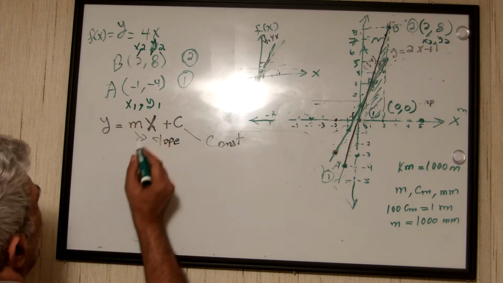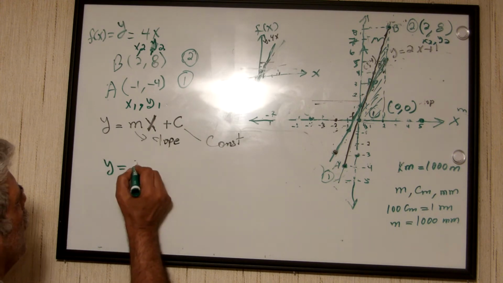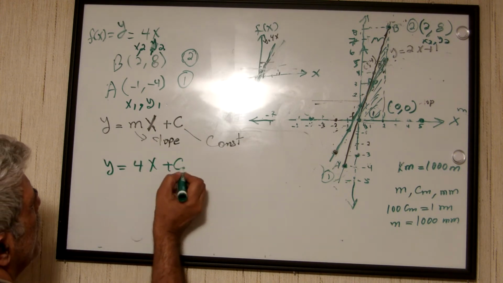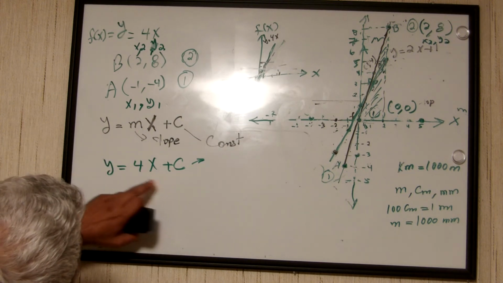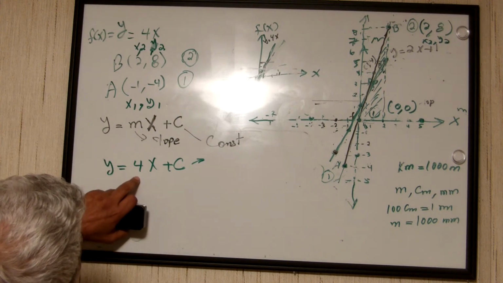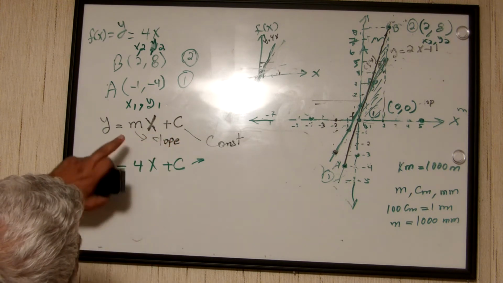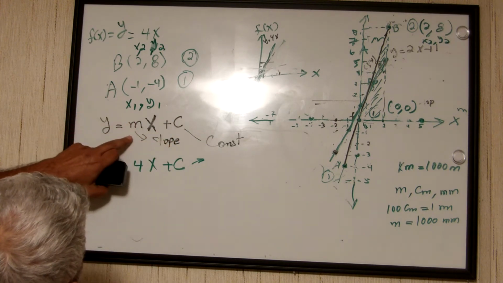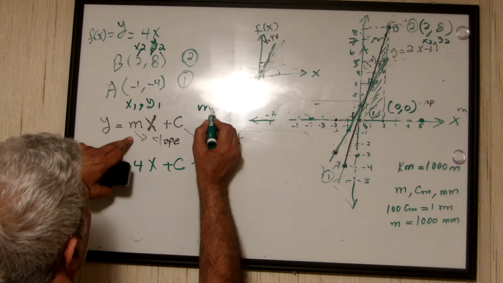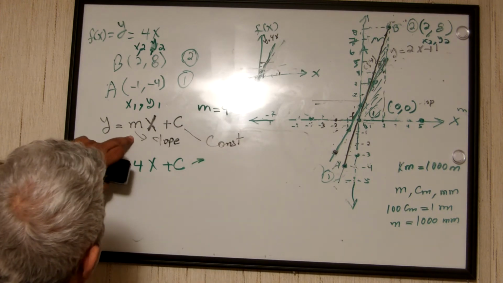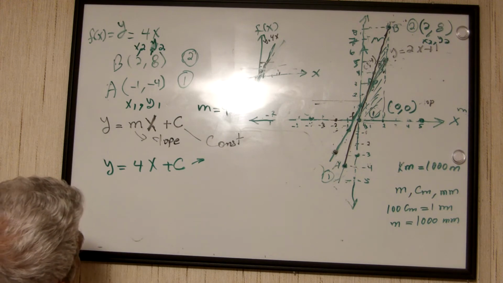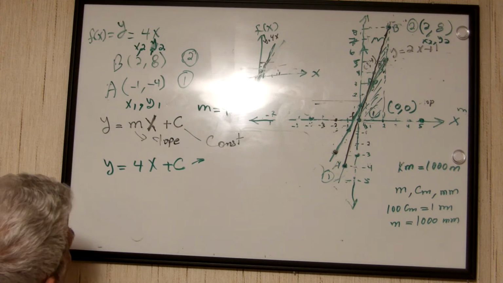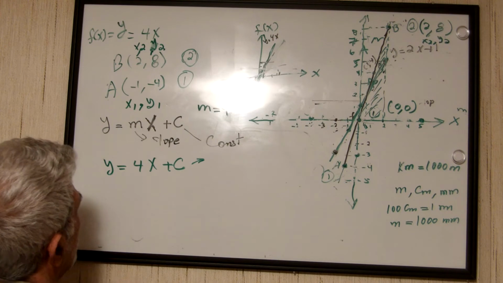What we do, we say y is equal to 4x plus c. We don't know c, we have to find it. There are two unknowns, m and c. We just found m is equal to 4. We're talking about this equation, so we have to find c.